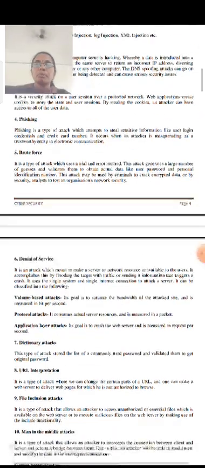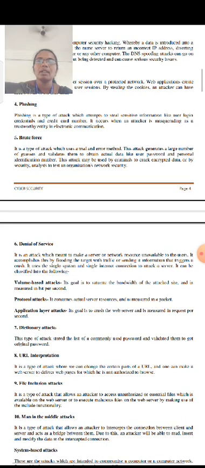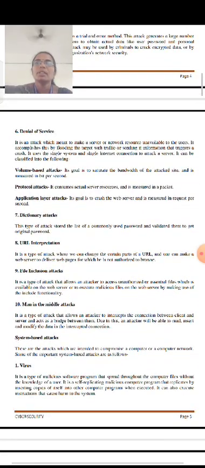Next one is brute force. It is a trial and error method. This attack generates a large number of guesses and validates them to obtain actual data like user passwords and personal identification numbers. Next one is denial of service. It is an attack that makes server or network resources unavailable to users.